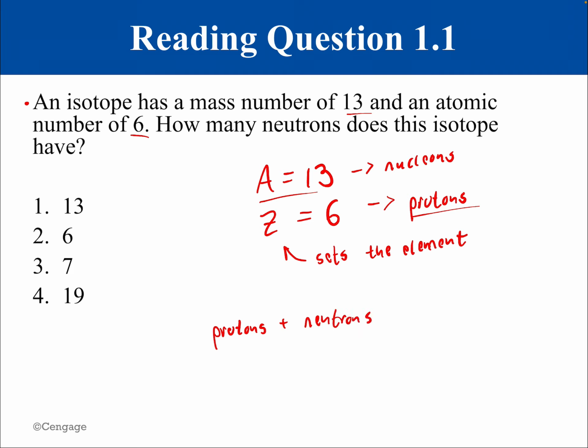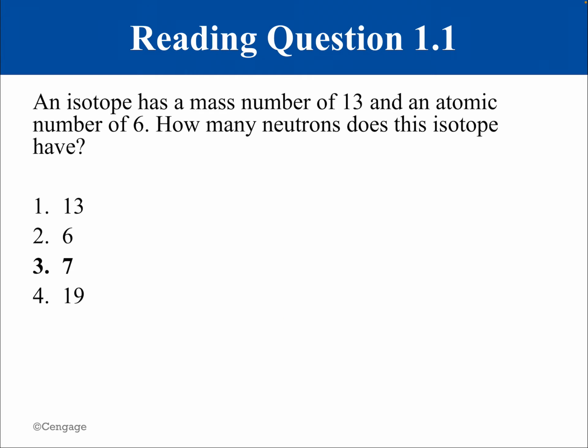Okay, so if that's the case, if nucleons is the total number and it's protons and neutrons, and there's no other type of nucleon, it's either a proton or a neutron, then we should be able to find the number of neutrons, can't we? If we just subtract. So indeed, there's 7 neutrons, one more neutron than proton. Okay, the number of protons and neutrons are certainly not always equal.